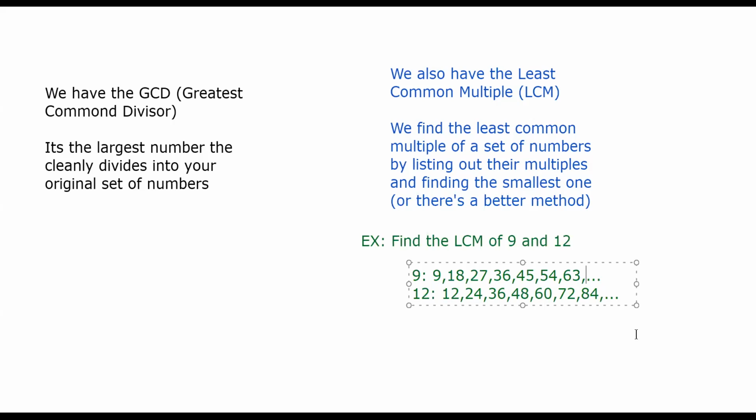I'll even add a couple more to 9. So 9, 18, 27, 36, 45, 54, 63, 72, 81. Basically, you're counting by nines, if you will. 12 is 12, 24, 36, 48, 60, 72, 84.